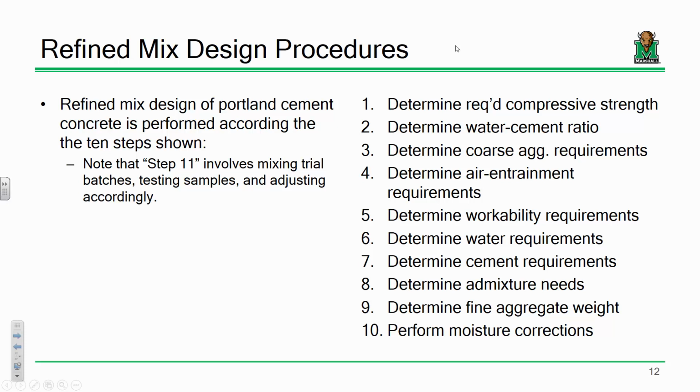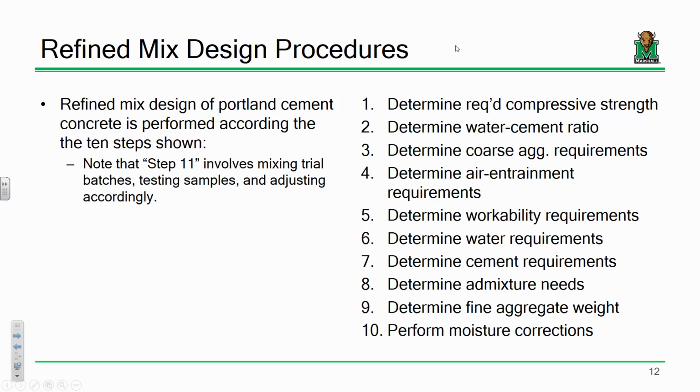Remember, we're essentially using 3 key pieces of information. We're using the properties of our ingredients, coarse aggregate, fine aggregate, and so on. We're using our intended use and our target compressive strength to determine the proportions of the mix. We'll determine the proportions of the water, the cement, the coarse aggregate, and the admixture.